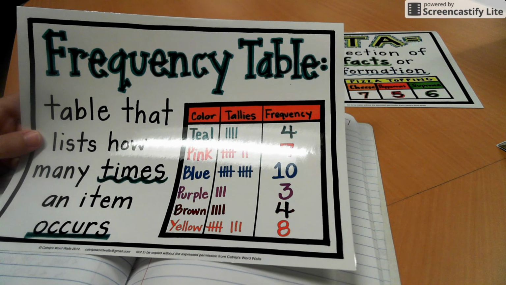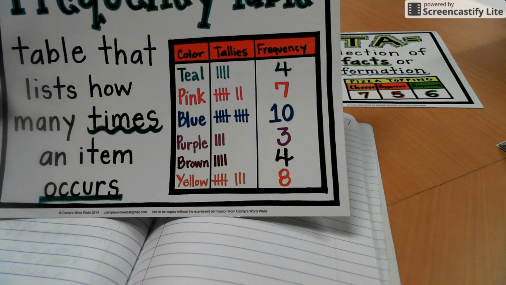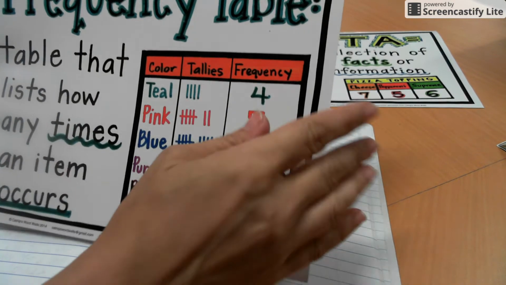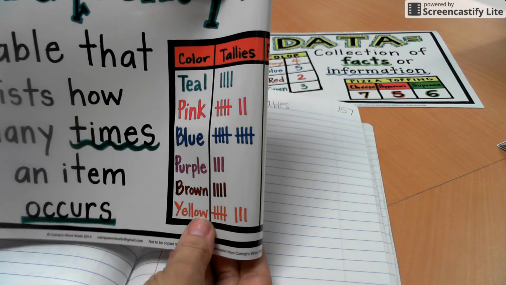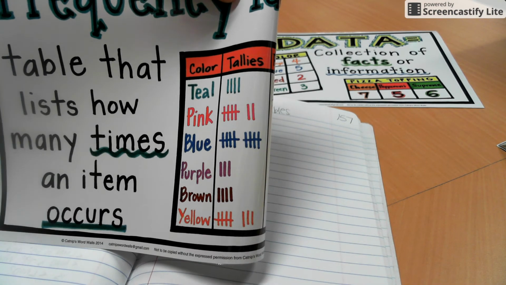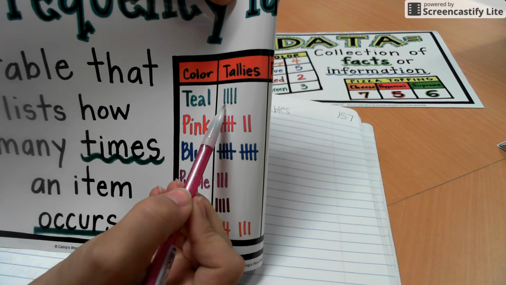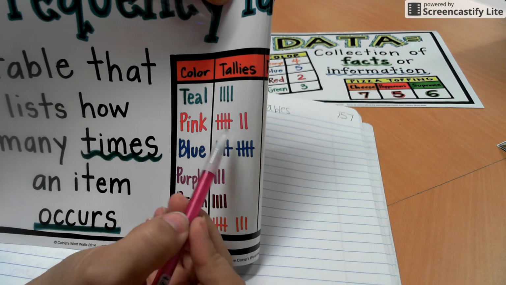All right, so a frequency table is a table that lists how many times an item occurs. Now, we're used to seeing tables with tally marks, and we know that this would be 1, 2, 3, 4. We know that's 5, 6, 7.